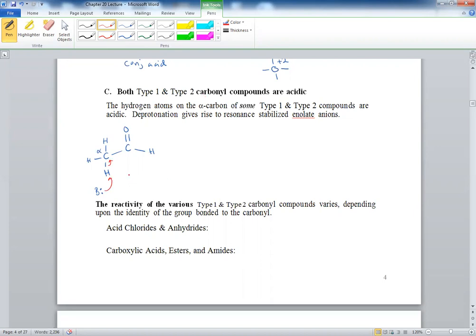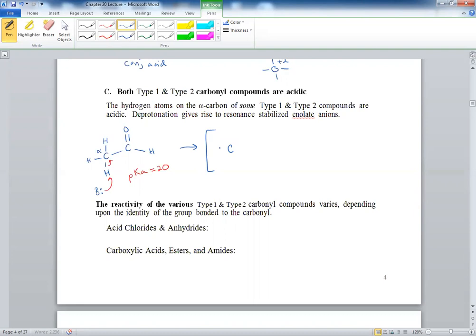And the reason why is because the pKa of this carbon right here is around 20. And one of the reasons why that's possible is because of resonance. It's once again resonance stabilized.